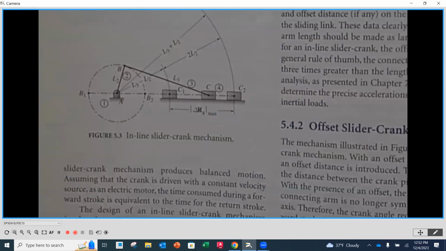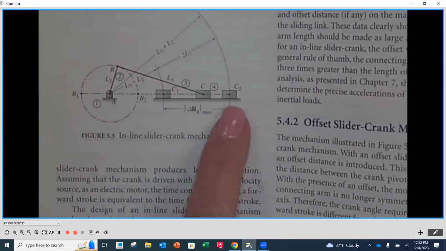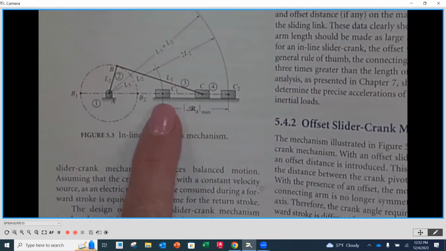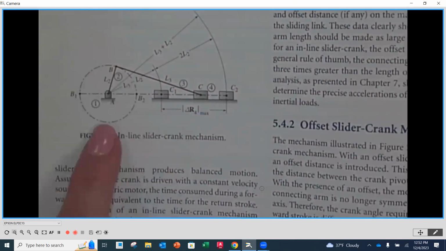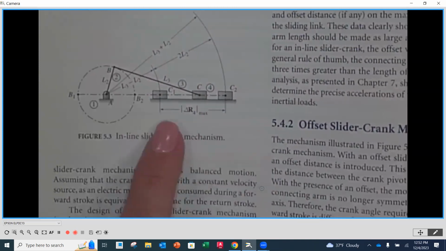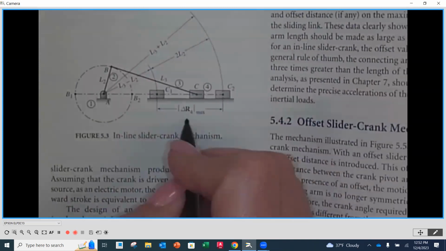As a review, the stroke is the furthest out position that our slider is going to have compared to its closest position. If we're rotating around, this would be our outbound and this would be our return, and the difference between those two positions is called the stroke.